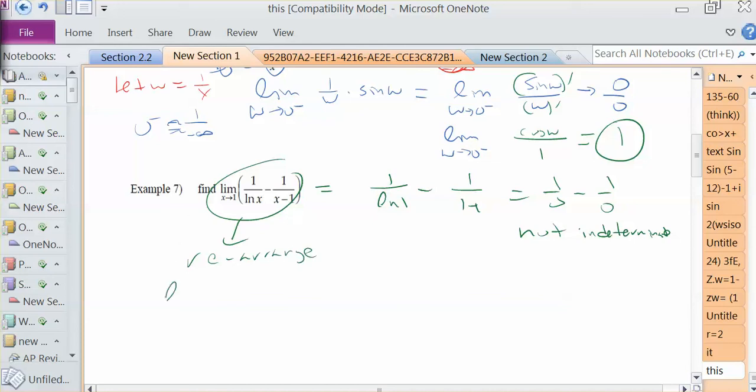So if you see two fractions, it might be a good idea to find the least common denominator. So 1 over ln x minus 1 over x minus 1, times ln x times x minus 1 over ln x times x minus 1.